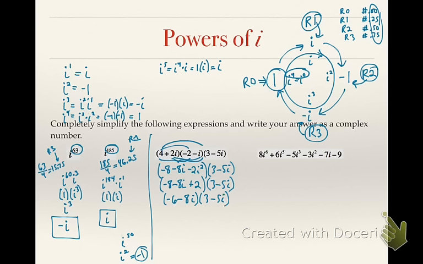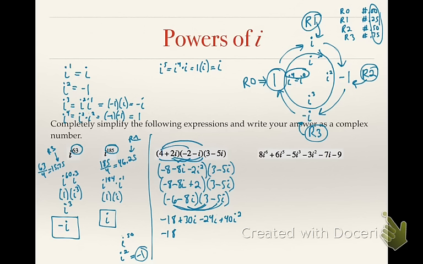Now I have just 2 binomials, 2 complex numbers multiplied together, so I'm going to multiply it out to get my final answer. So negative 6 times 3 is negative 18. Positive 30i minus 24i plus 40i squared. Negative 8 times negative 5 is positive 40i squared.